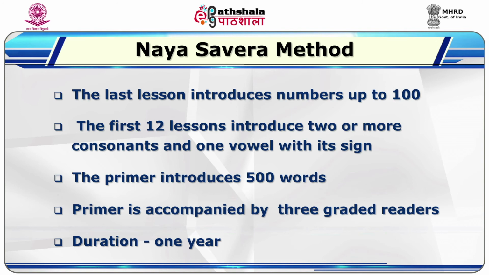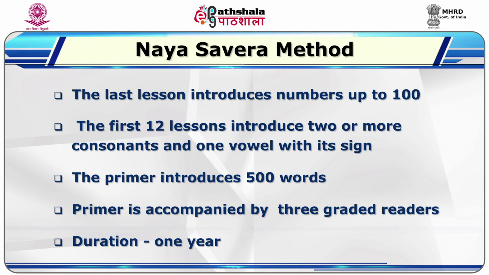Small stories appear from lesson 4. These stories are concerned with an adult's daily life. The primer introduces 500 words, out of which 339 are functional words and the rest are for drill purposes.